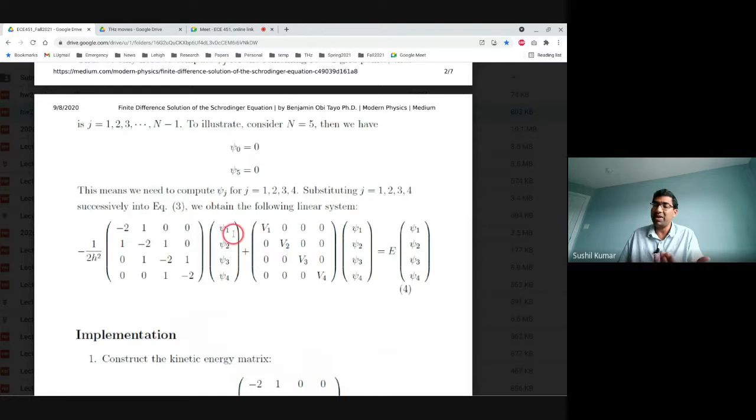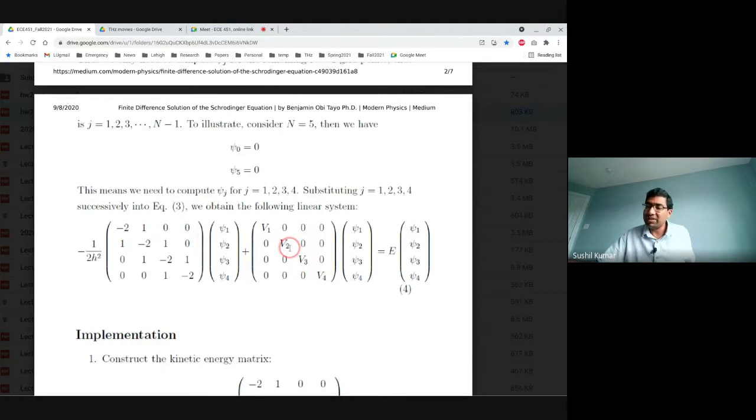This is assuming you have 4 grid points in that problem. And psi1, psi2, psi3, psi4 are the values of the wave function at those 4 points. In the end, you are going to give MATLAB this matrix plus this matrix, because it's basically H psi equal to E psi. So you have to read this.